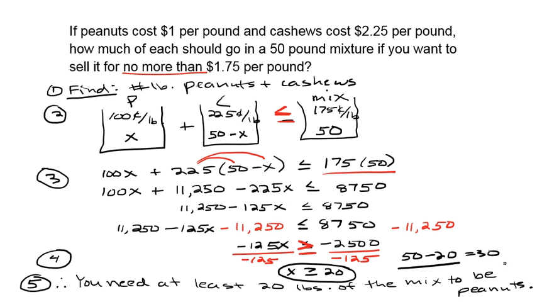Then I would have 25 pounds of cashews. If I have 40 pounds of peanuts, I'd have 10 pounds of cashews. But the key to making this work is that the number of peanuts has to be at least 20 pounds. And then the number of cashews would be calculated depending on how many pounds I decide on for the peanuts. But that has to be greater than 20.